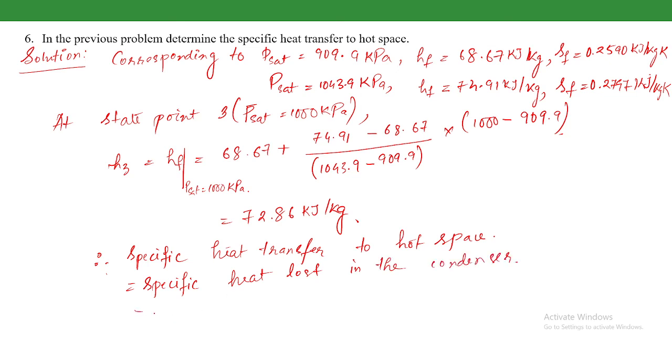This is equal to H2 minus H3, that is 286.97 minus 72.86, so this is 214.11 kilojoule per kg. Okay, so this is the heat loss in the condenser.